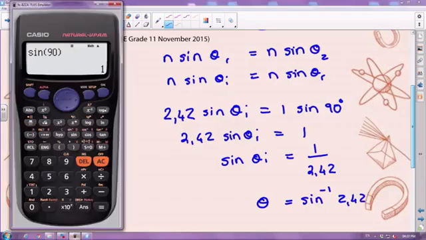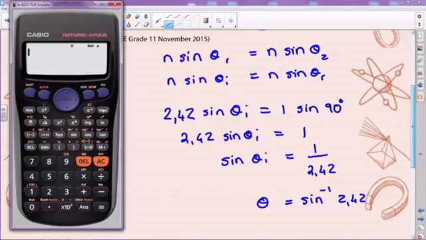All right, go to our calculator. On the calculator, I'm going to go shift, sine to the minus 1 of 2.42, close my brackets, equal, no, maths error. What have I done wrong here? Let me just double check myself. What am I doing wrong?